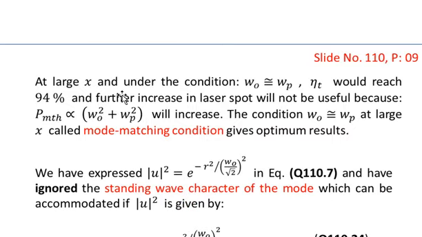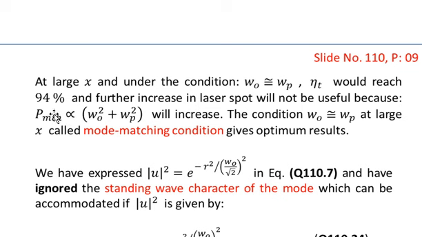At large x and under the condition that W naught is of the same order as WP, eta t would reach 94%, and further increase in laser spot will not be useful because then the minimum threshold pump power becomes proportional to W naught square plus WP square.